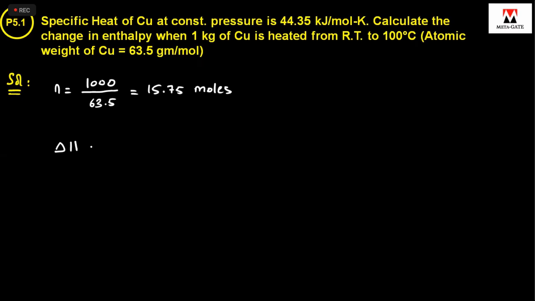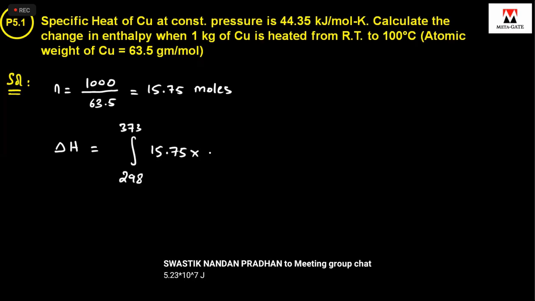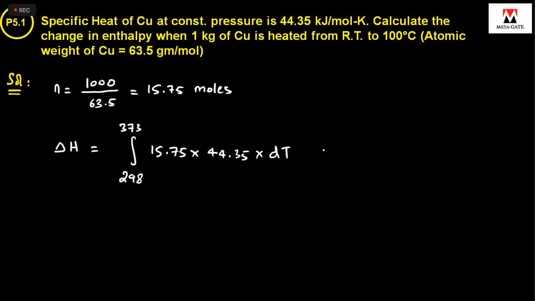So delta H, let's calculate. Please remember, temperature should always be in Kelvin. So this is room temperature. I'm taking 25 degrees centigrade, which is 298 Kelvin, and 100 degrees centigrade, which is 373 Kelvin. So 15.75, Cp value is given as 44.35. I'm just leaving the kilo as it is so that you can answer the question in kilojoules.